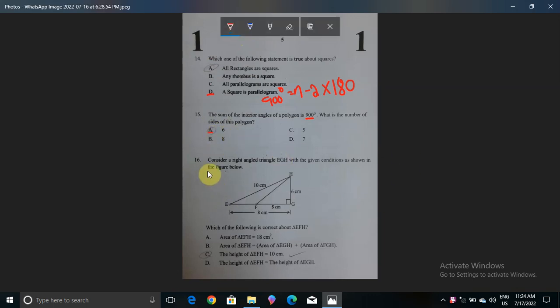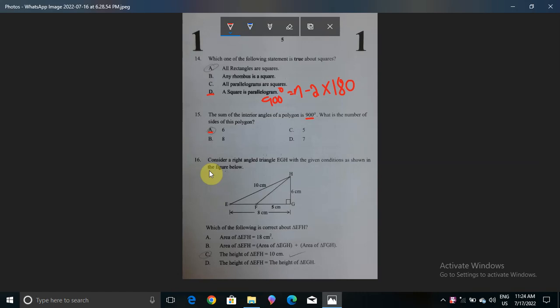Okay, now question number 16. Consider a right angle triangle EGH with the given conditions as shown in the figure below. Which of the following is correct about triangle EFH? Area of triangle EFH is equal to 18 centimeter squared?